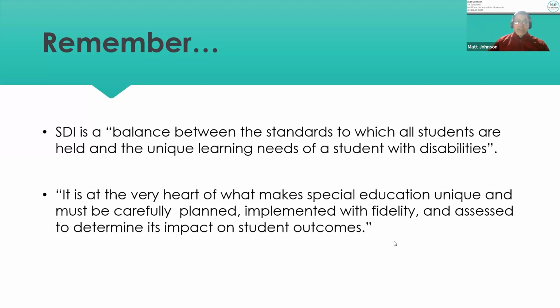If you're working with a general education teacher, it's not quite the same as a co-teaching relationship, but it has some similarities. Keep in mind that what's being delivered to that student is in addition to what everyone else is getting in the classroom. That's something I think is often assumed, that students with special needs can make progress with their gen ed peers without support, and that's not necessarily the case.